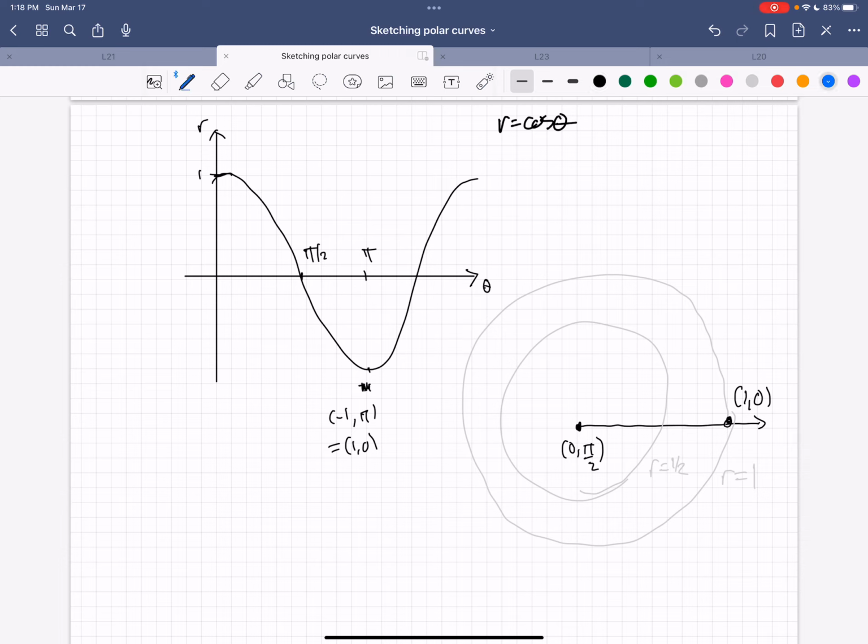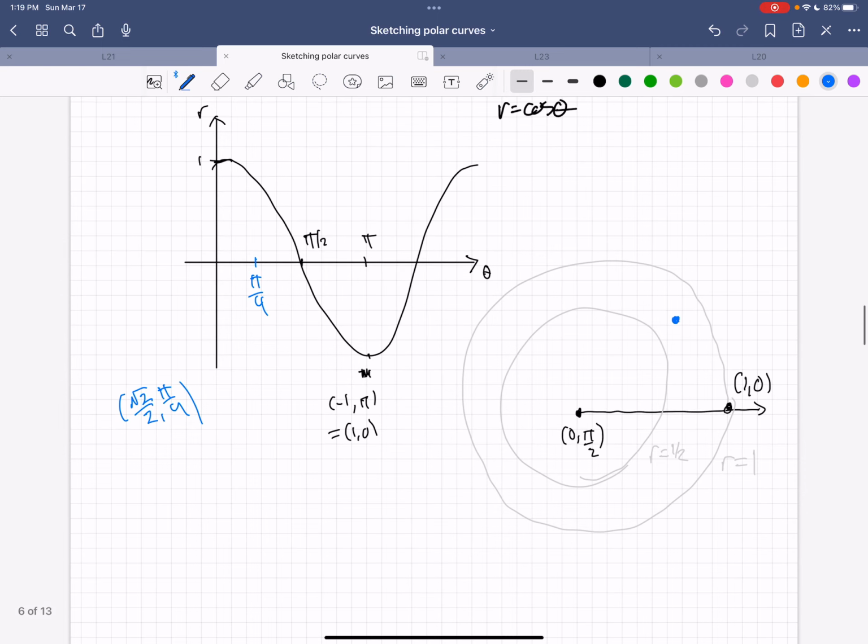So for this one, it's really important that we look at some in-between angles. So let's try pi over 4. Cosine of pi over 4 is √2/2. So let's see, at pi over 4, we get this point here. Then let's do some more.